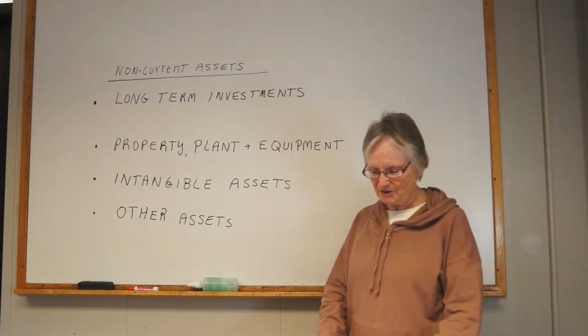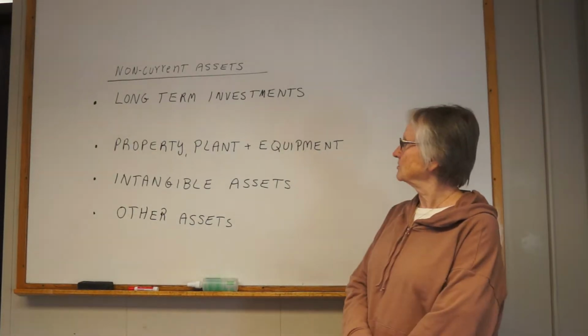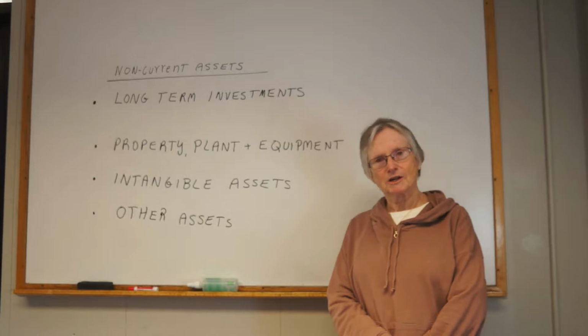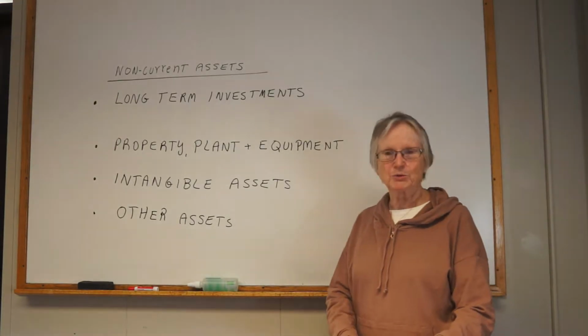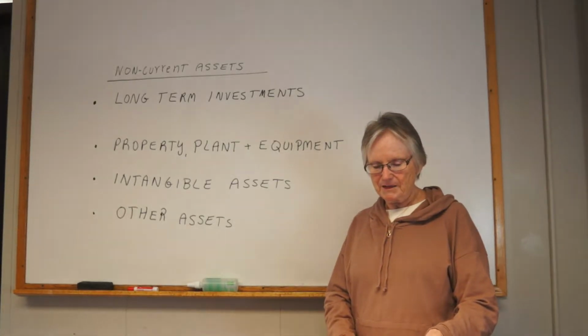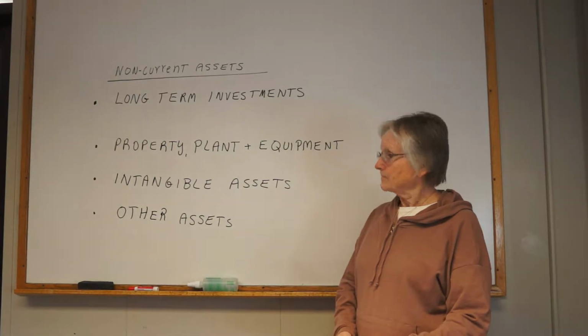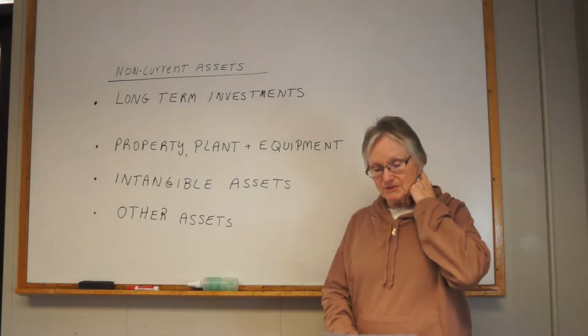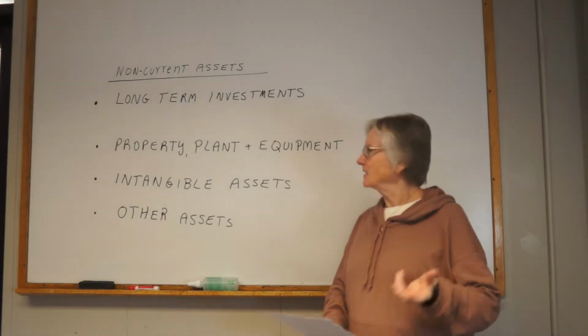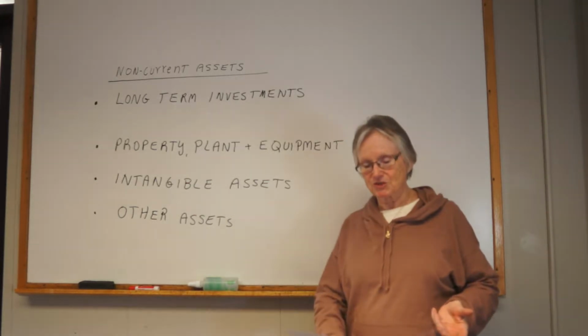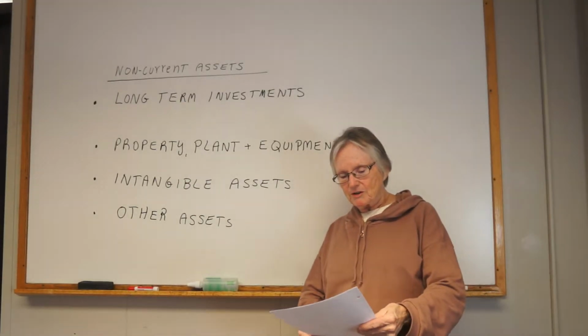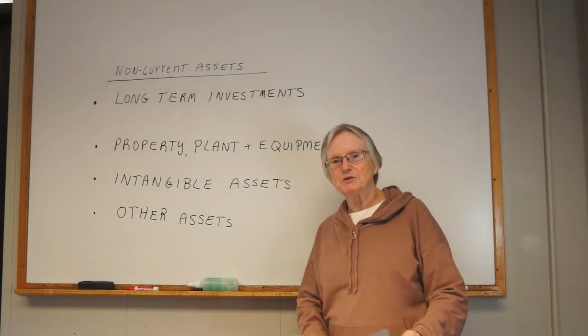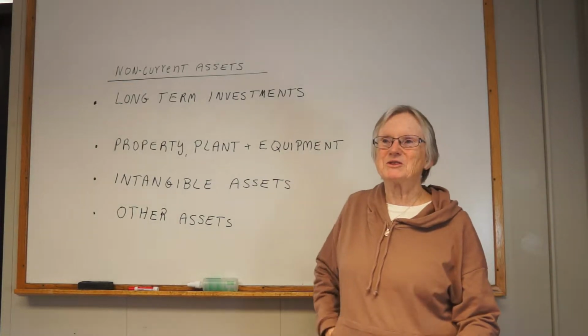Okay, so that would be investments in bonds, debt investments, or investments in stock, equity investments. Those are your investments in securities that can end up in the long-term investments section. You can also have another type of investment in securities.